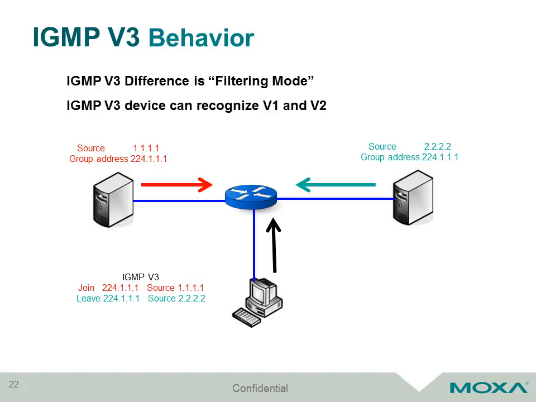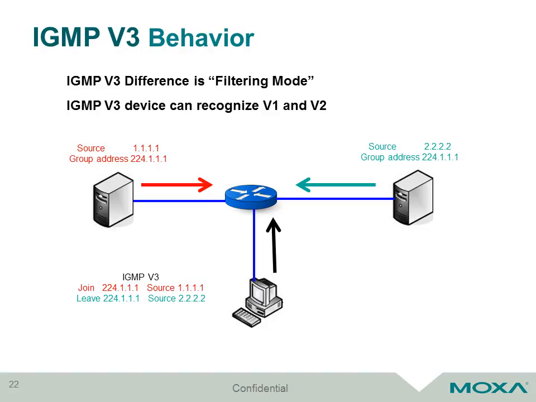Here, we are going to use one diagram to show you how source filtering works. As the diagram shows, there are two different sources going to the router. IGMP version 3 can filter which source to receive and which source not to receive.